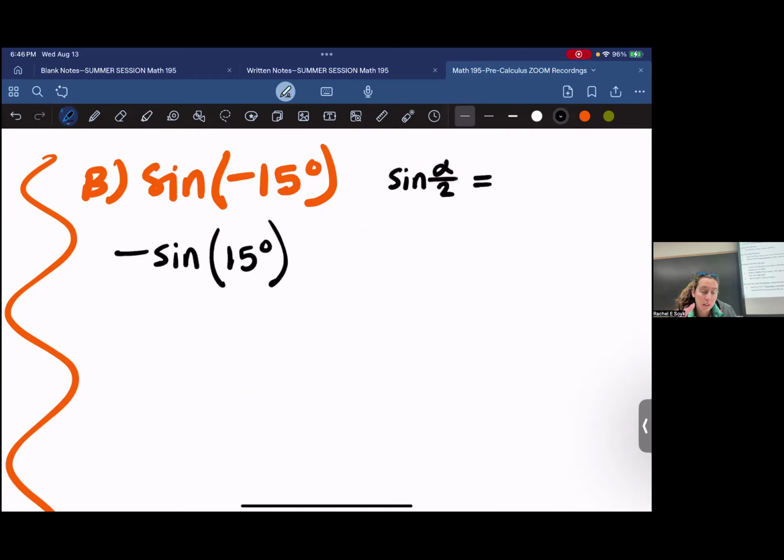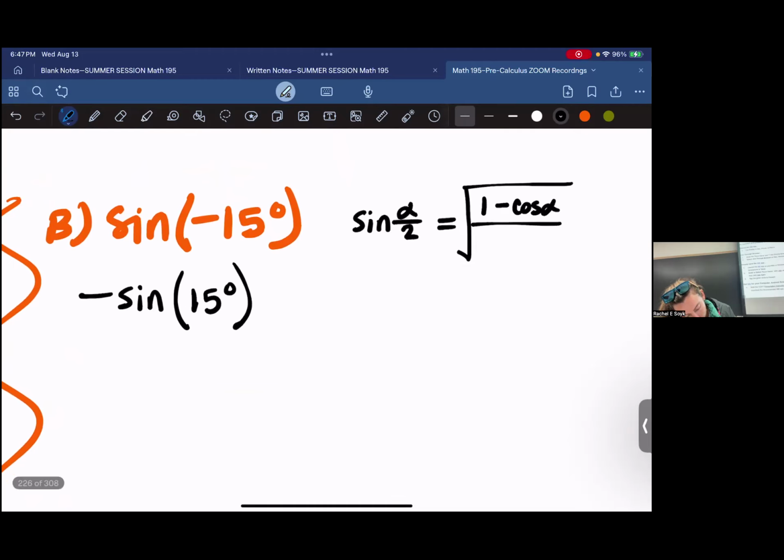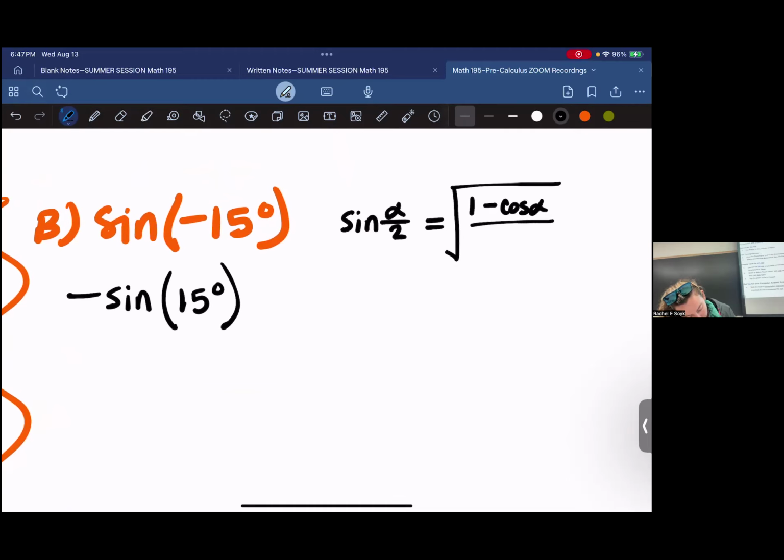And now we have the square root of 1 minus cosine alpha over 2. And again, it's the first quadrant, so we have positive square root 1 minus cosine alpha over 2. And what's our alpha here? Well, again, if alpha over 2 is 15, this implies that alpha is just 30 degrees.